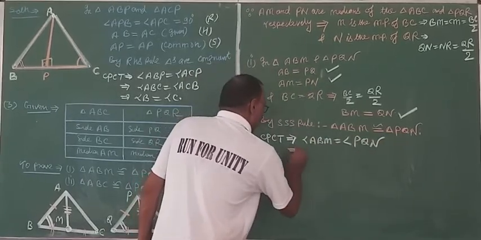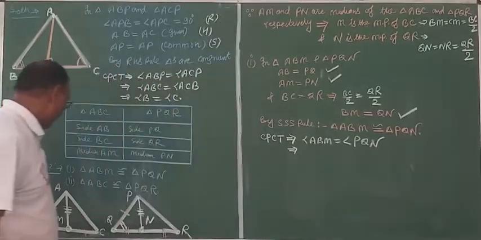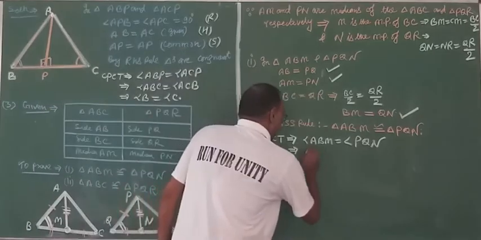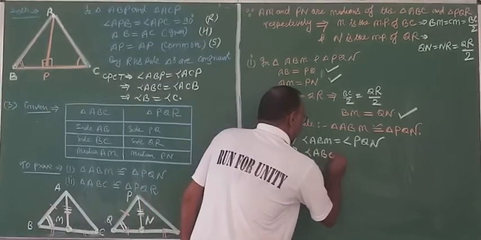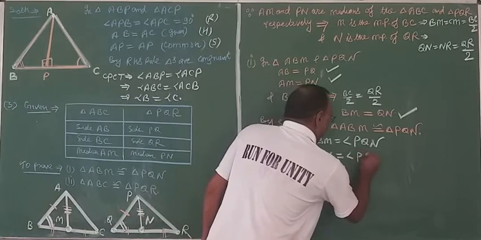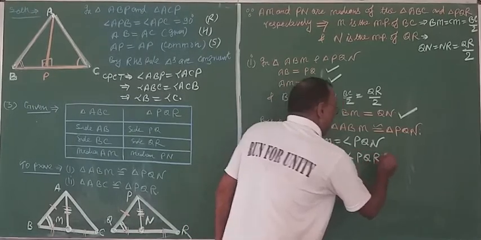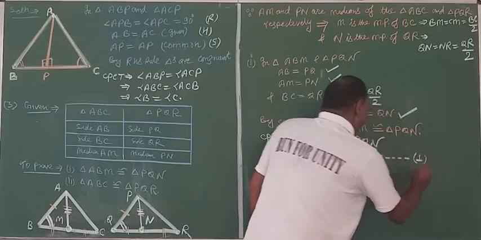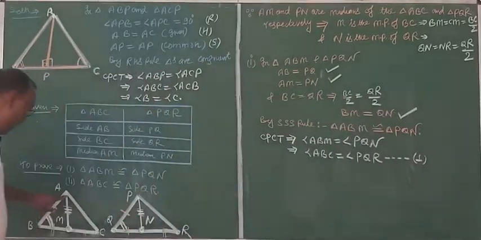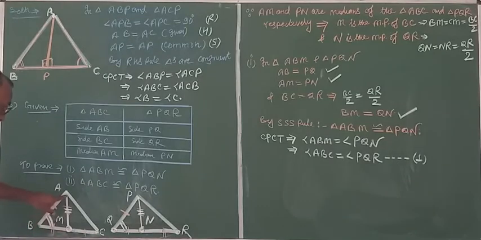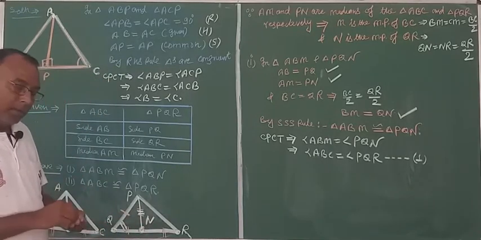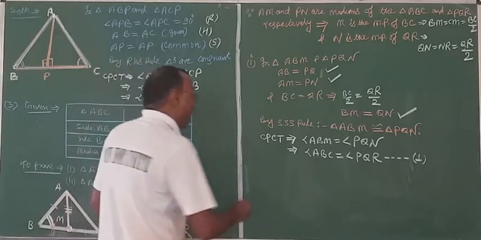And this ABM is in fact the angle ABC, and this is angle PQR. Let this be equation number 1. Is it okay? Angle ABM is in fact ABC or not? And angle PQN is angle PQR. Okay?